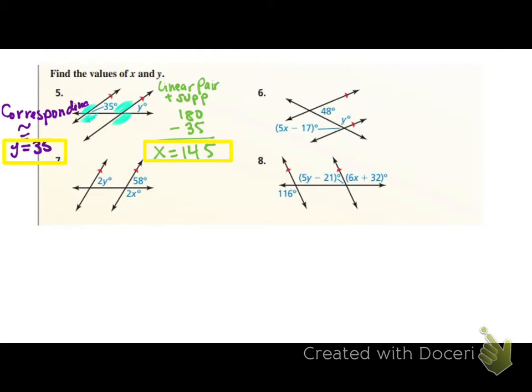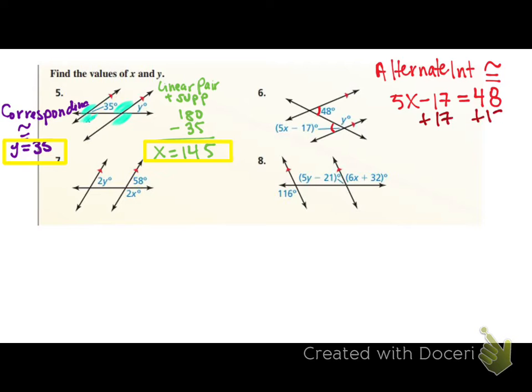Number 6, which of these has a relationship with 48? Well, technically both of them. Just pick one of them. 5x minus 17. What relationship do they have? They're alternate interior, which means that they are congruent. So what am I going to do with 5x minus 17? Set it equal to 48.